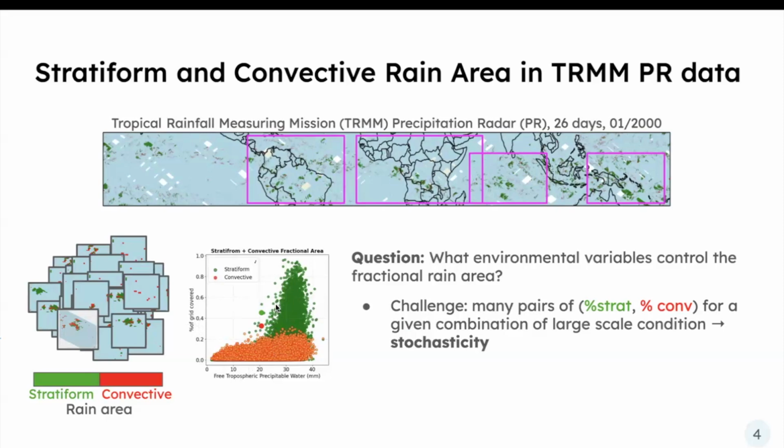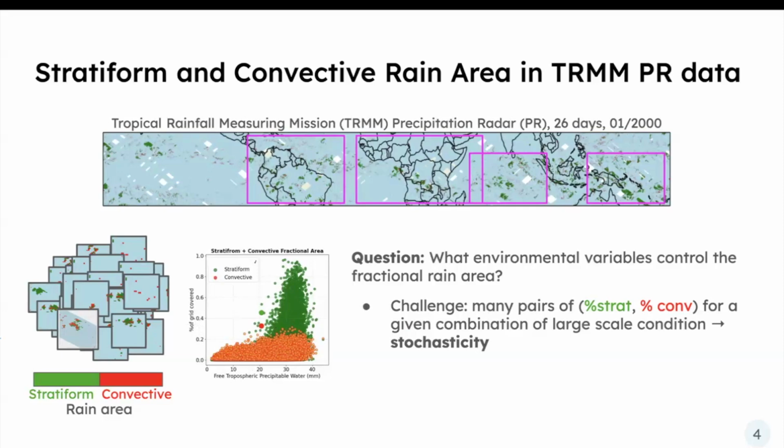And the question that I want to ask is, what environmental variable controls these two fractional areas? And can we actually write down an equation for them or develop a model that tells us what the coverage of rain is that I'm supposed to get?